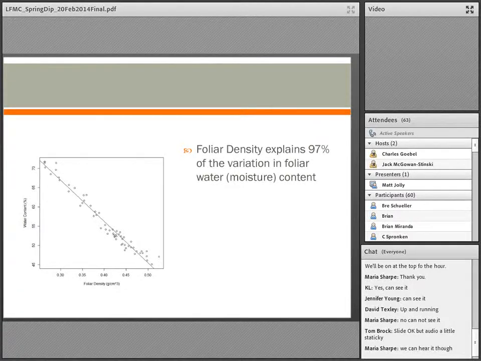And this is for both jack pine and red pine combined. So these changes are consistent across both species, and it basically tells us that nearly everything that we're seeing as a change in the calculated live foliar moisture content is driven by changes in the dry weight of that fuel and not by changes in the absolute amount of water in that fuel.